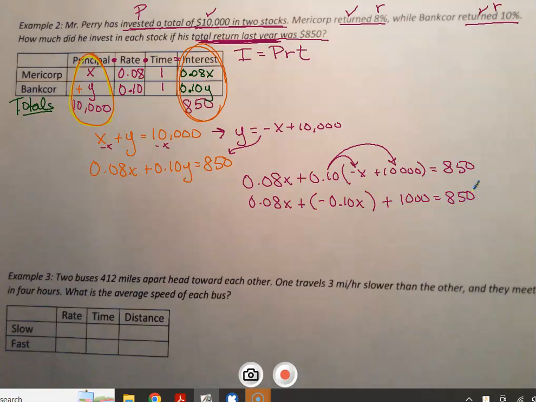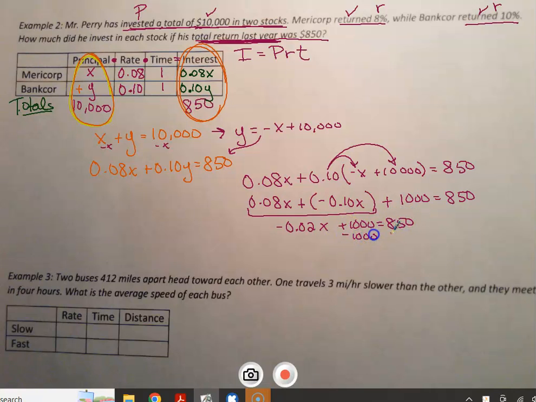All right, then I can combine like terms, right? So these are my like terms here. So it's going to give me negative 0.02x plus 1,000 equals 850.